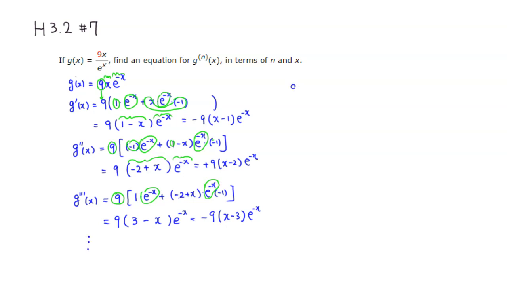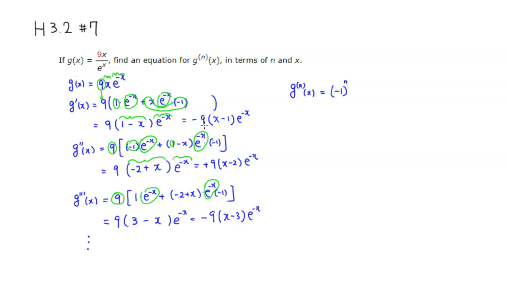If you're taking the nth derivative of g of x, you're going to have an alternating sign. An easy way to do that is negative 1 to the nth power. That means if n is even, it's going to be positive, and if n is odd, it's going to be negative.